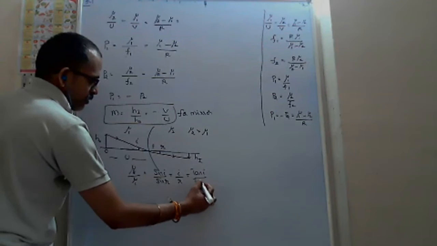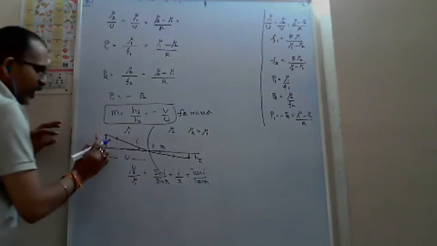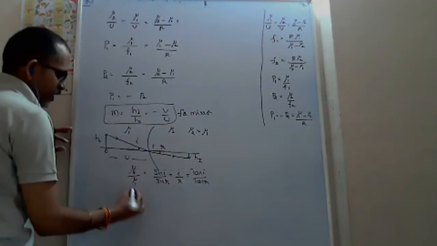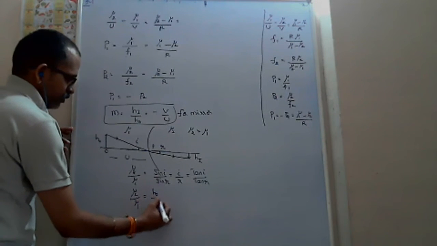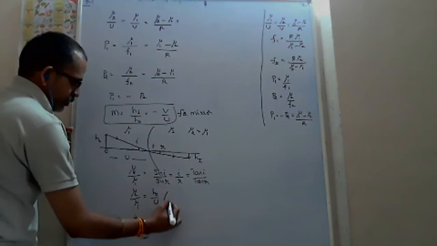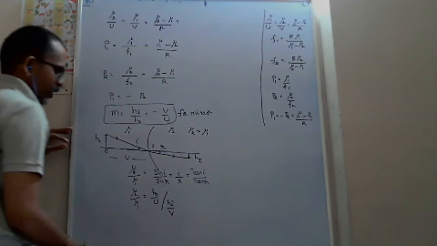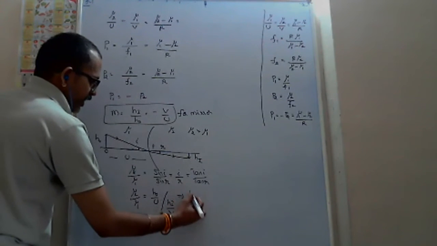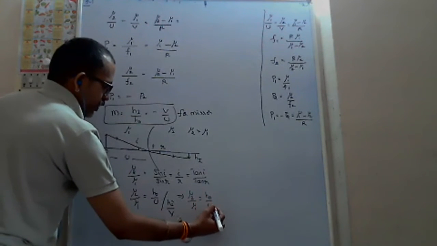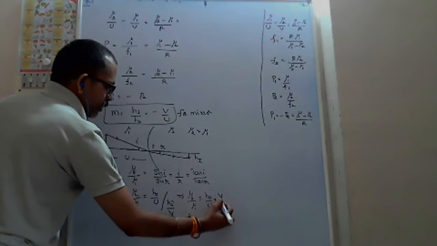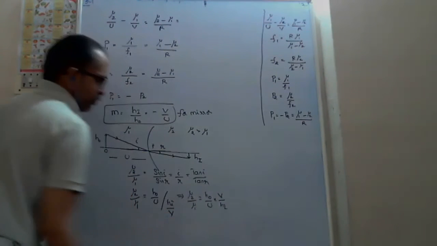Now say tan I and tan R in the two triangles: HO by U, HI by V. Very good. So can I write it as mu2 by mu1 equals HO by U into V by HI.